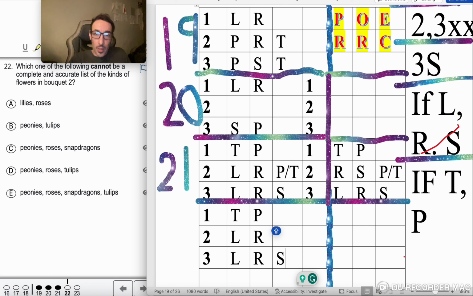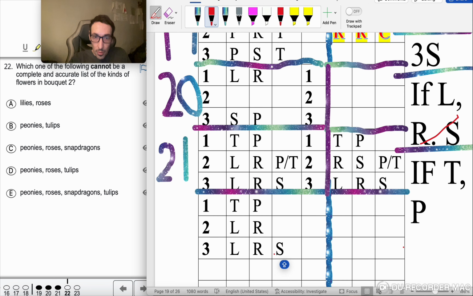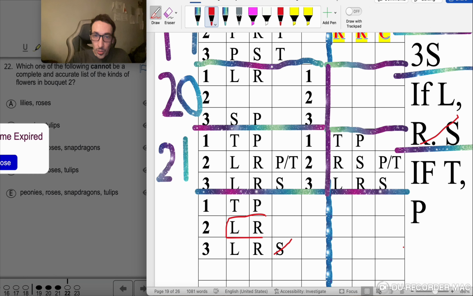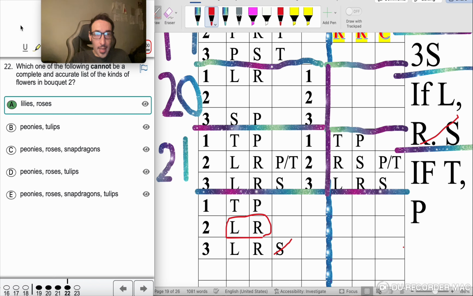But the problem is that the condition is not allowing the letter S to be in there. Therefore it's not going to work out with L and R in the row 2. Answer A, L and R.